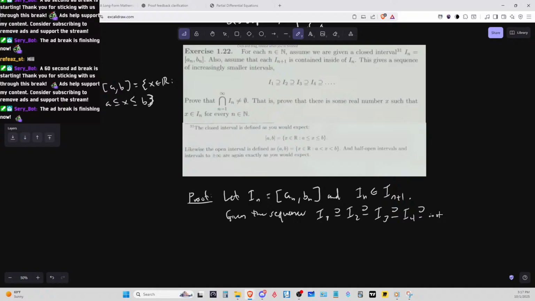Okay, given the sequence, prove that. So basically, I1 is a subset, so all the elements in I1. So basically all of them contain each other at that point.